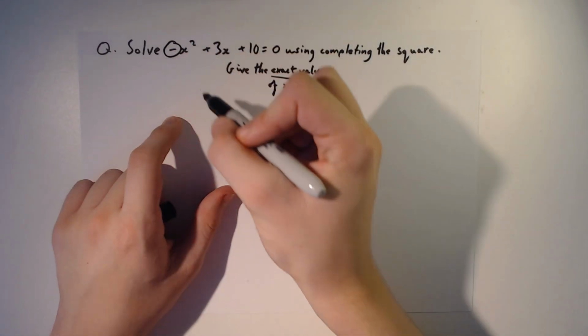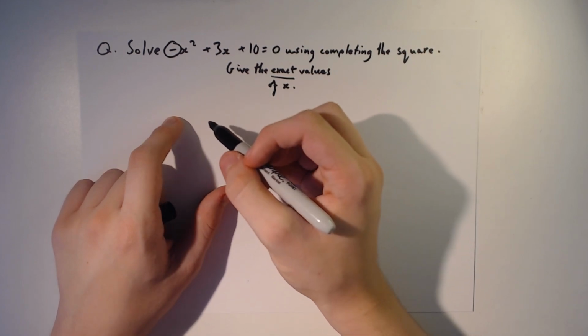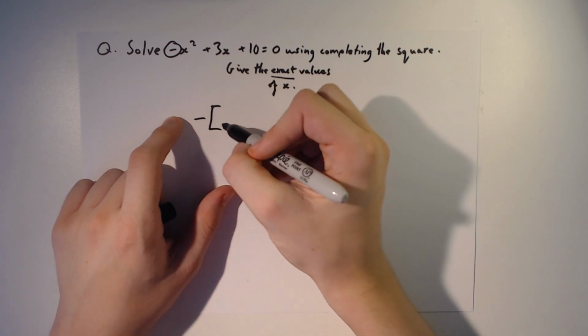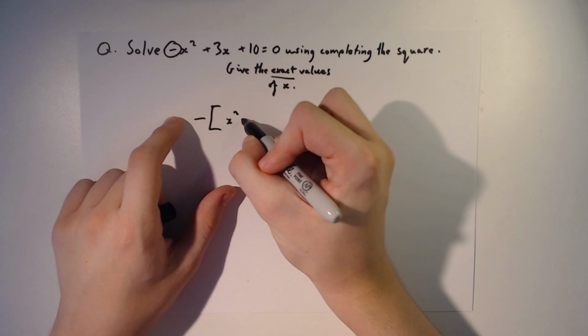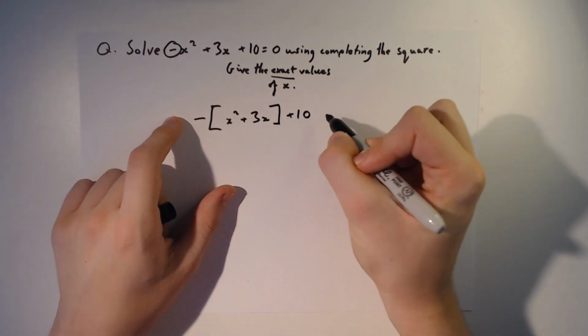Because there's this minus here, we must first take out the technically -1 from the front. But I'm just going to write it as a minus. And then I'm going to put into square brackets x squared plus 3x plus 10, because we're leaving it outside.